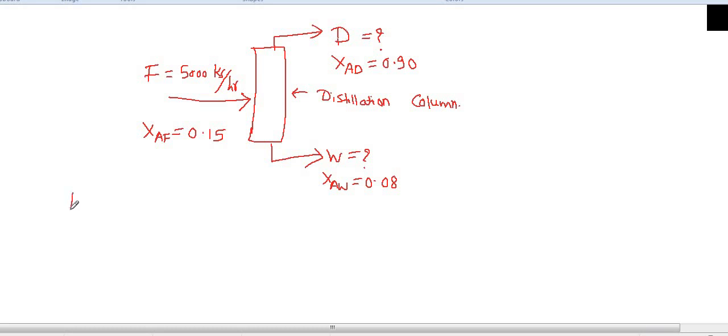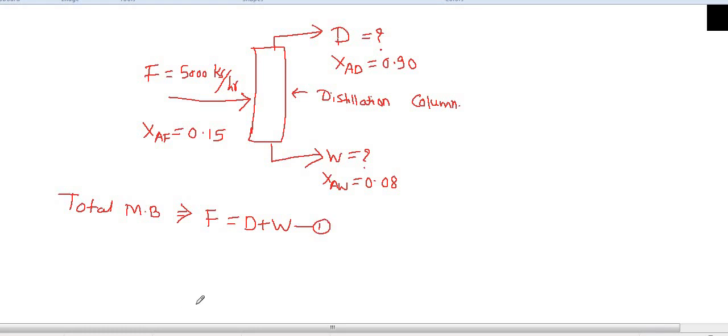So first we have to write down which material balance, that is called total material balance, also called TMB. What is the total material balance equation? If you just see this distillation column, input is feed and output is distillate and waste. So we get the first material balance equation, F is equal to D plus W. Only one input quantity, feed, and there are two output quantities, D and W. This is our first material balance equation.